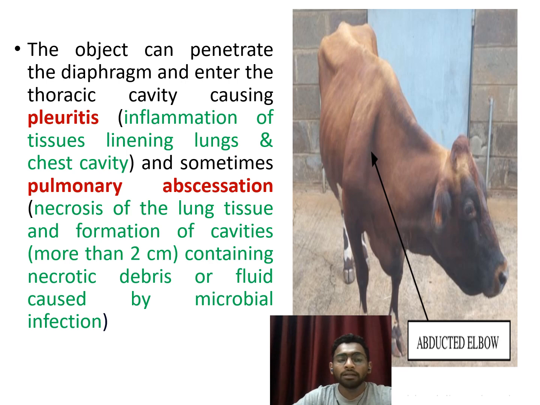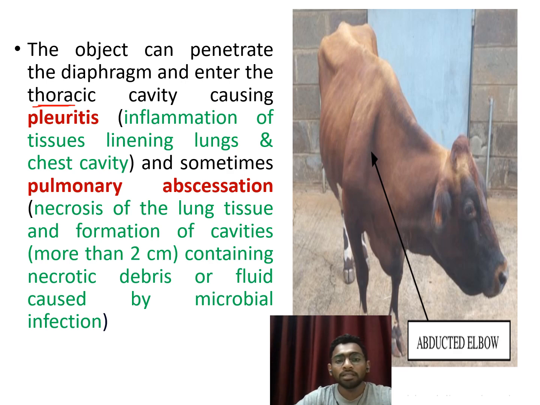not only to the heart, it can also penetrate the diaphragm and enter the thoracic cavity, which is very important. As I said, the peritonitis is initially localized, but later it will spread. So it may enter into the thoracic cavity, causing pleuritis.